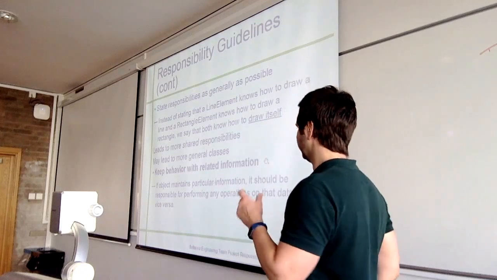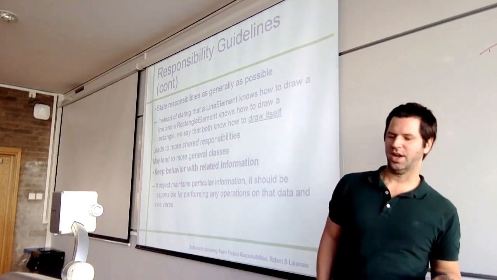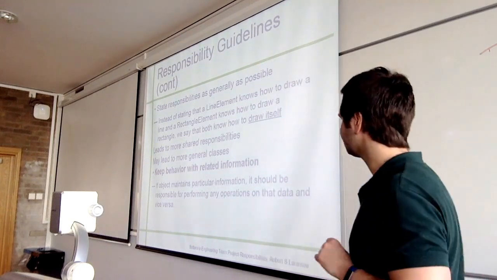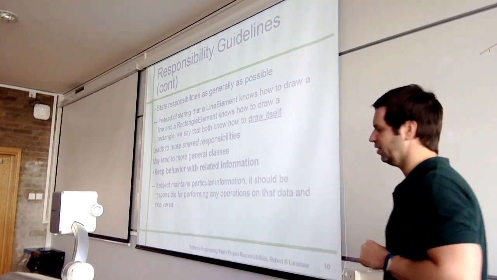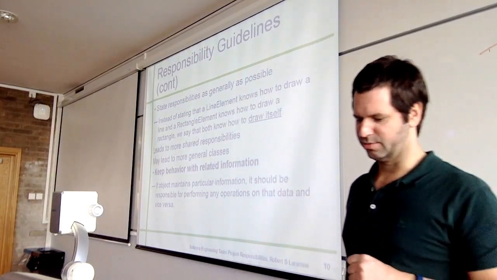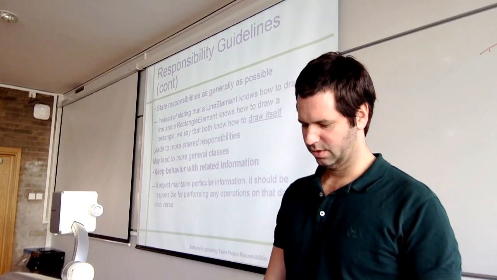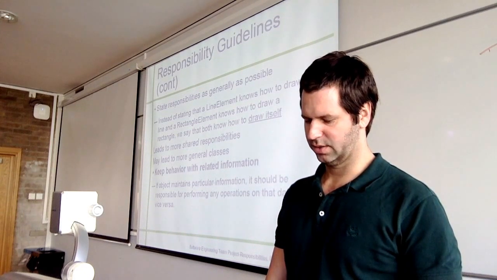In other words, the methods that operate on the data are in the same class as the data, generally speaking. If an object maintains particular information, it should be responsible for performing any operations on that data and vice versa. And the exciting example I use a lot is the time object.